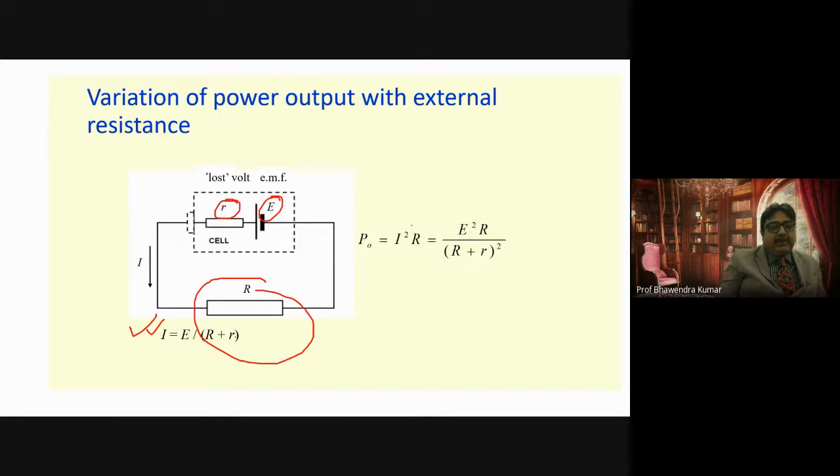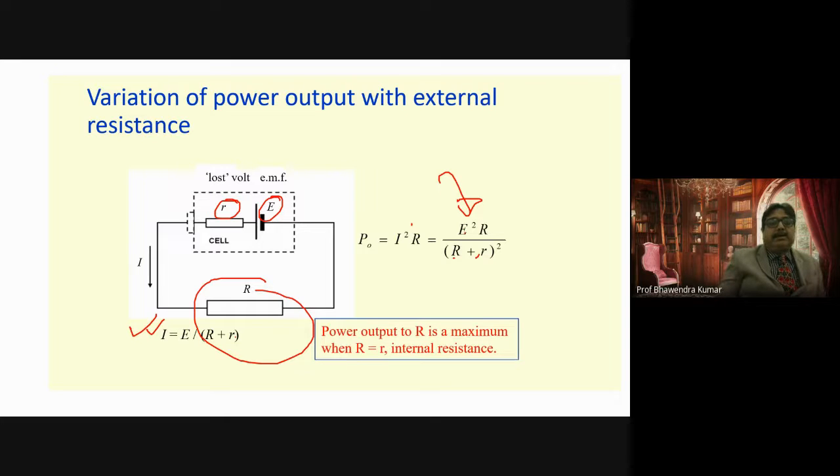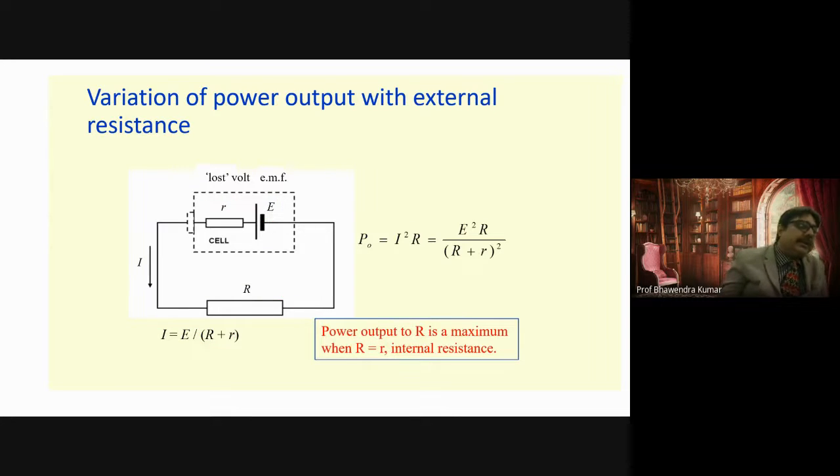I square into capital R, that is E square into capital R divided by (R plus r) whole square. And the power output in capital R will be maximum when capital R equals small r, that is the internal resistance. If you want, you can differentiate and check it. When capital R equals small r, then this value of power will be maximum.